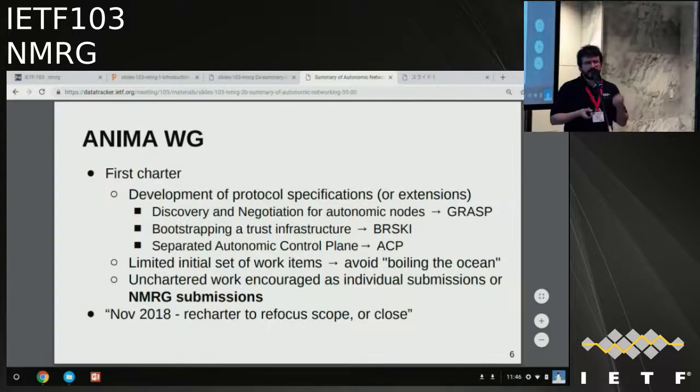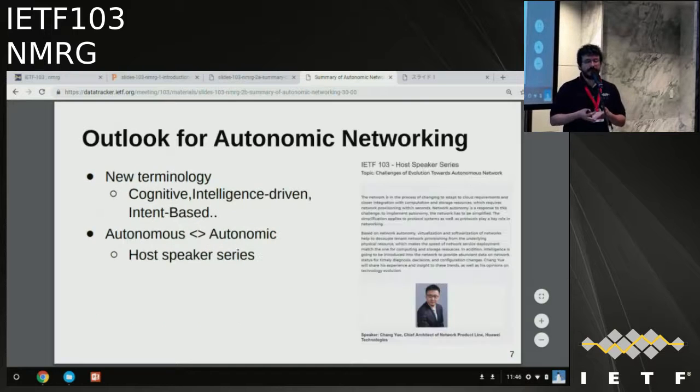But still, the term is important, in the sense it's still appearing. For example, in the Hot RFC series tomorrow, there is a talk on autonomous networks.